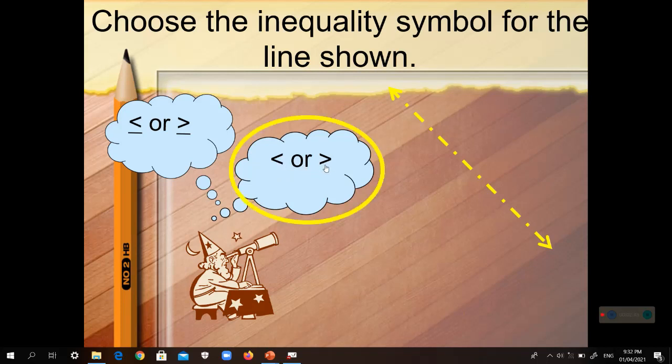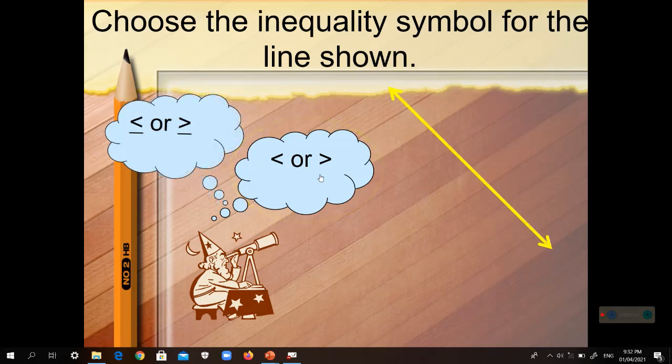Correct. You are going to use this symbol. Okay, next. Let's have this line. Déjà vu. We have here a solid line, so the inequality symbol should be the one with "or equal." Okay, question?